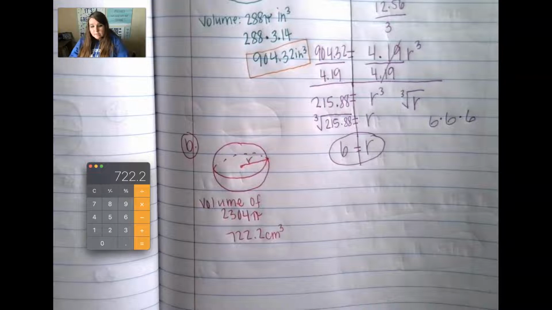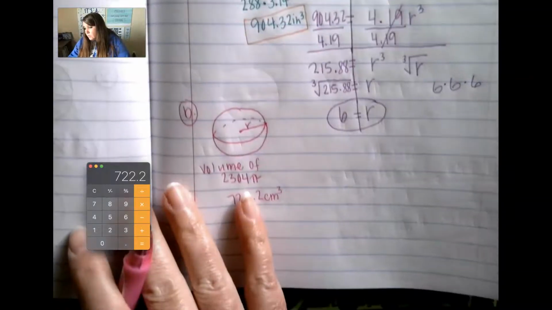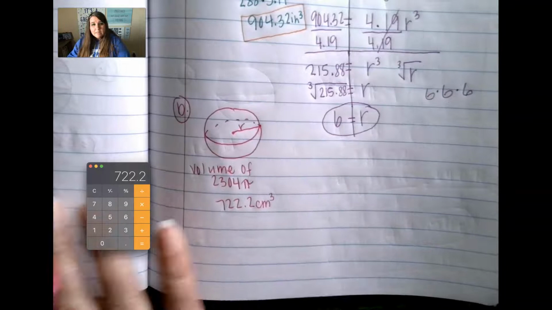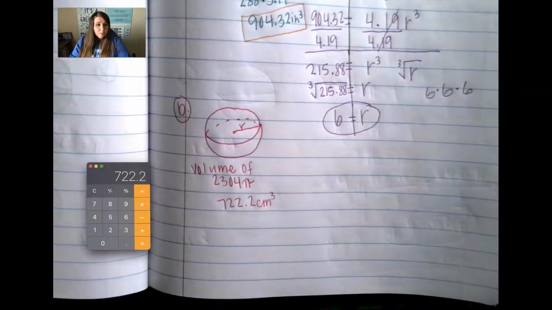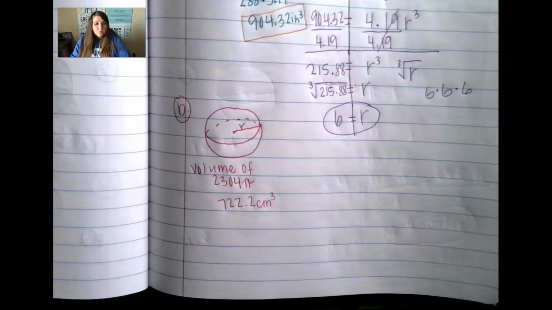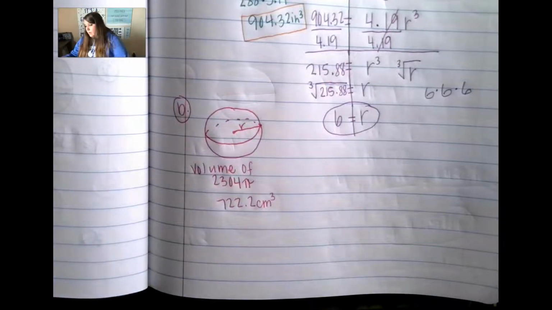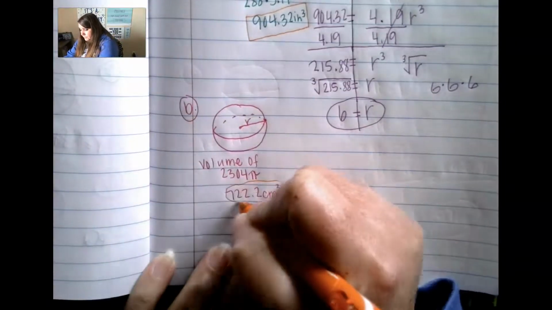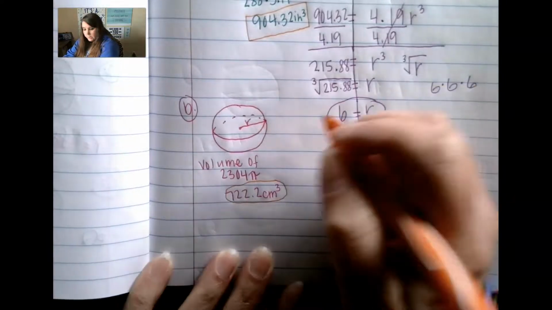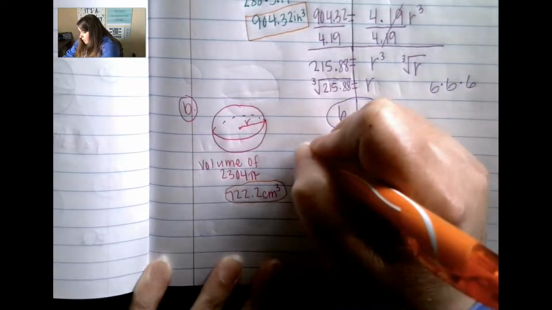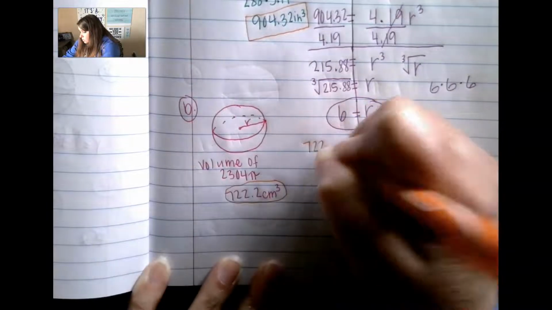Okay, so let's use the same formula we used before, but this time we're going to sub in what we know and isolate the variable for what we don't know. So first of all, we know that the volume is 722.2. So volume equals 722.2.